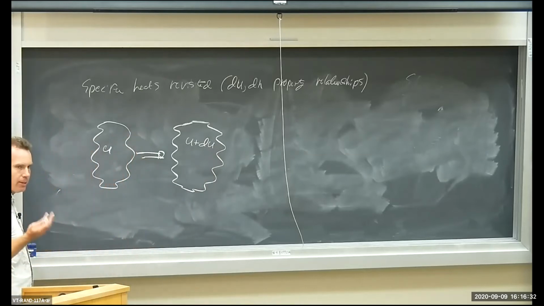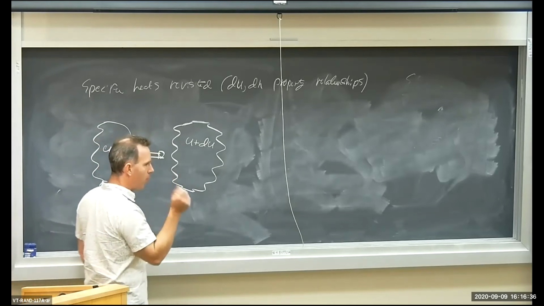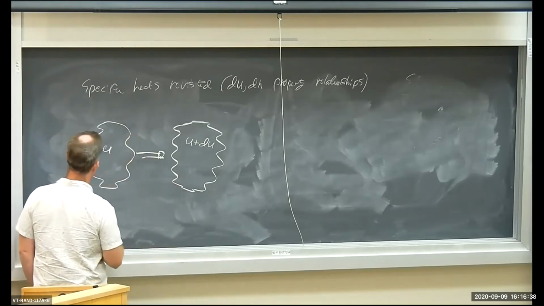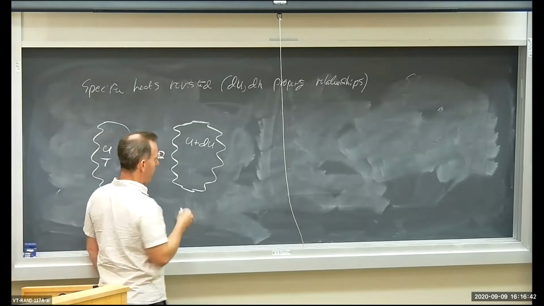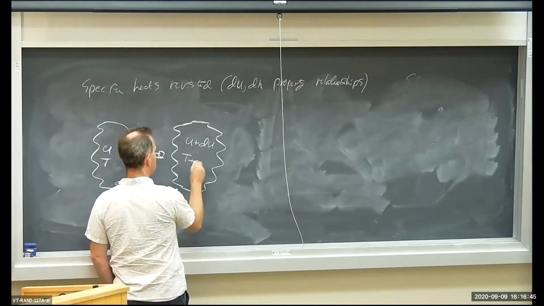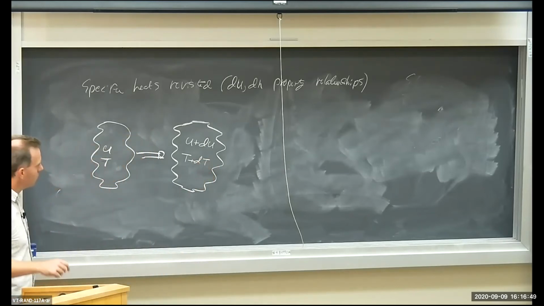So an infinitesimal or differential process. The system is moving over a small change in properties. Temperature starts off at temperature T and ends up at temperature T plus dT, for example. Okay? So we got a differential process going on here.